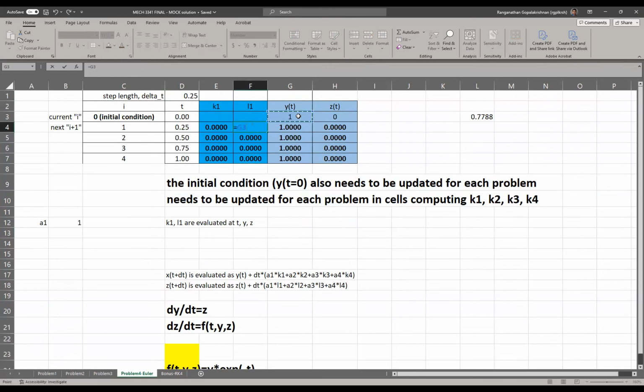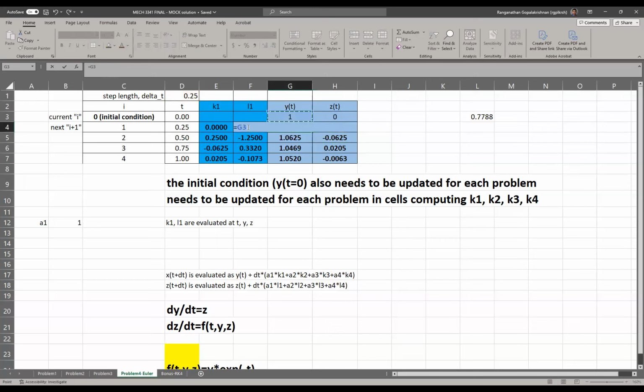So that is y multiplied by exponent of minus whatever time is, close bracket. So then I have to write y of t plus delta t is y of t plus z multiplied by delta t. And then z of t plus delta t is z of t plus delta t multiplied by L1.